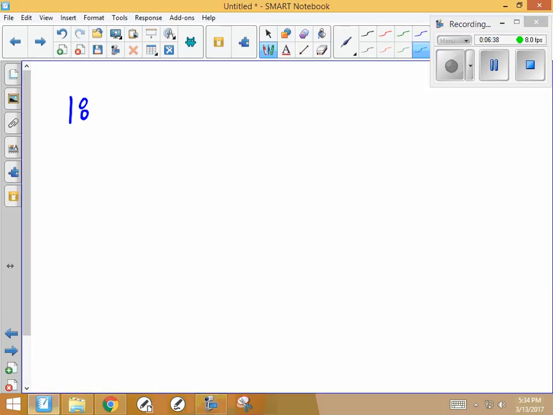Number 18 and 19 are similar to 16 and 17. We're going to go in the other direction. Instead of starting with moles and finding the mass, we're going to start with mass and find the number of moles, specifically in 3.70 times 10 to the negative 1 grams of boron.